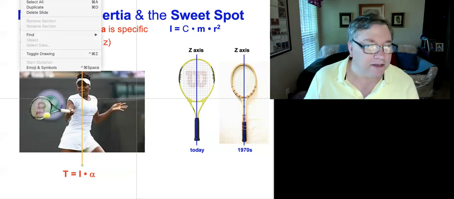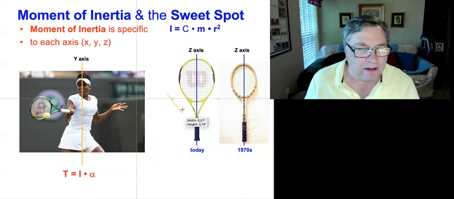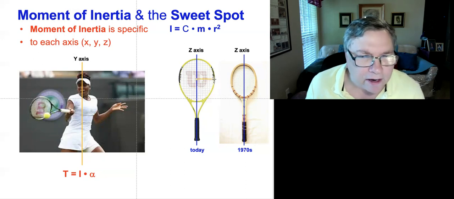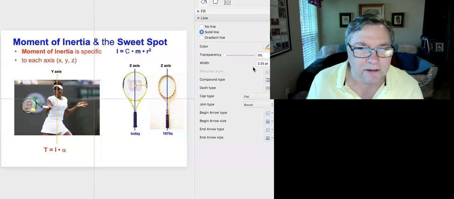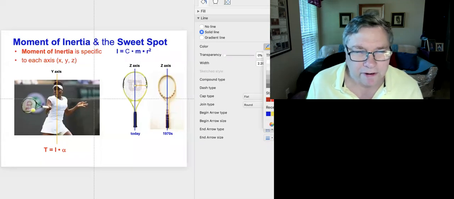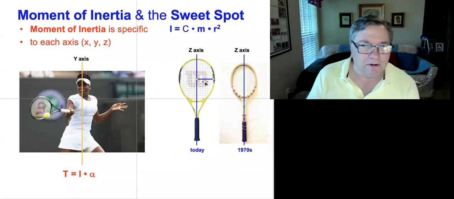Copy and paste that, and then I'm going to throw that around like something like that. And I'm going to make it maybe a different color, like blue here. There we go. So you can see it. And then get rid of this thing. There we go. So this essentially is the radius of gyration.